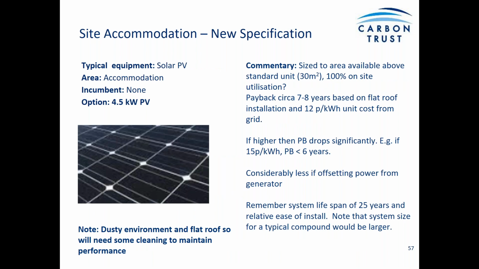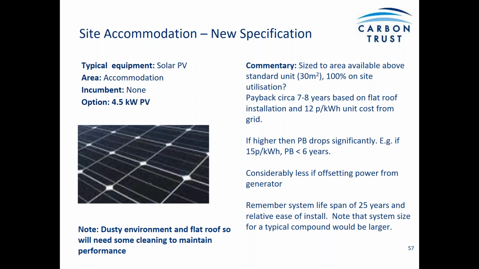And then looked at what the financials would look like just to install some solar PV, to give the site the option to generate its own energy. So we did it looking at the area available of a standard unit.